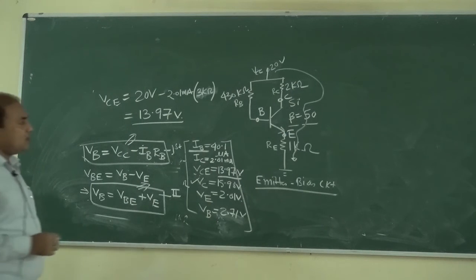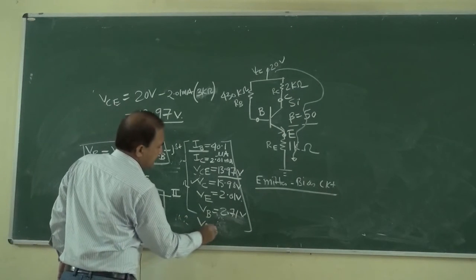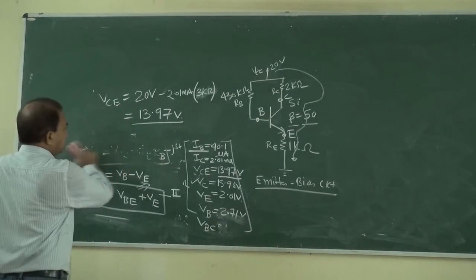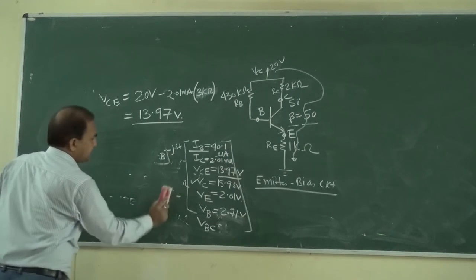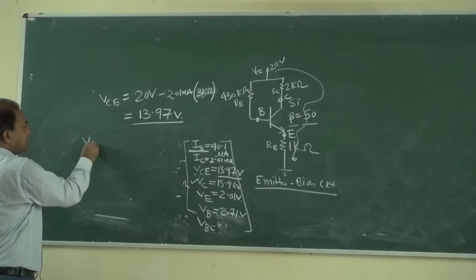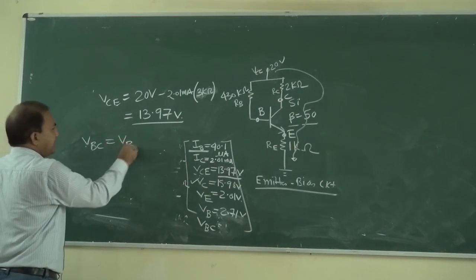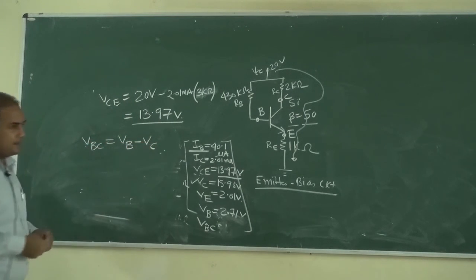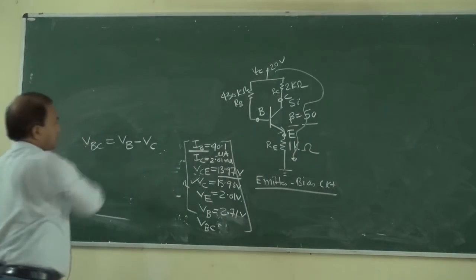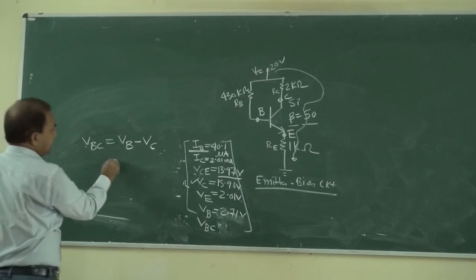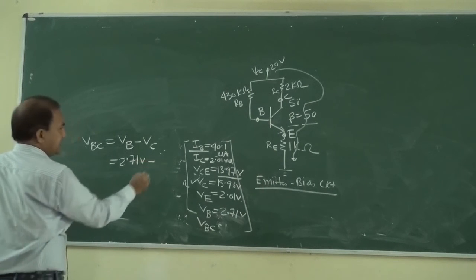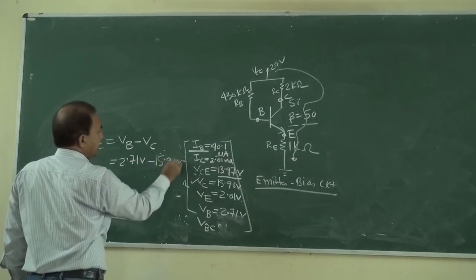Then how can we calculate VBC? VBC is equal to VB minus VC. VB is given as 2.71 volt, and VC is 15.98 volt.